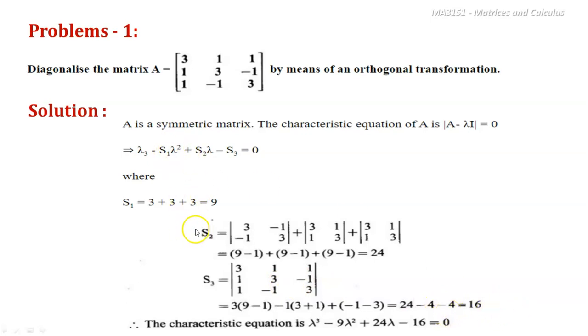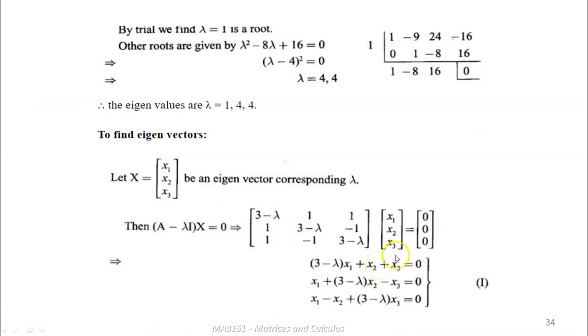Use S1, S2, S3 values in the characteristic equation. We get lambda cube minus 9 lambda square plus 24 lambda minus 16 equal to 0. This is our required characteristic equation. Now we are going to solve this characteristic equation to get eigenvalues.